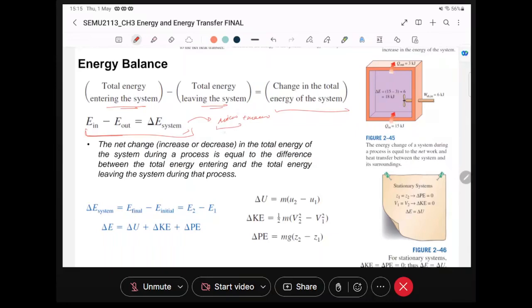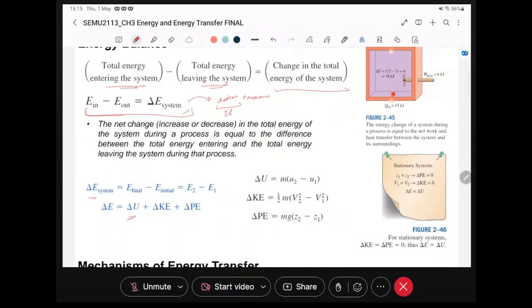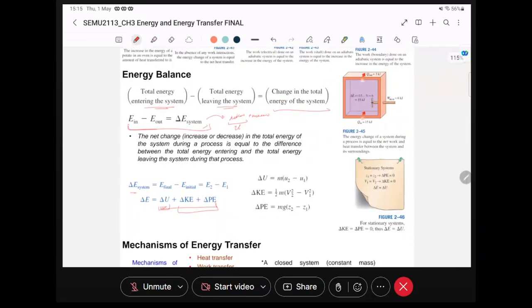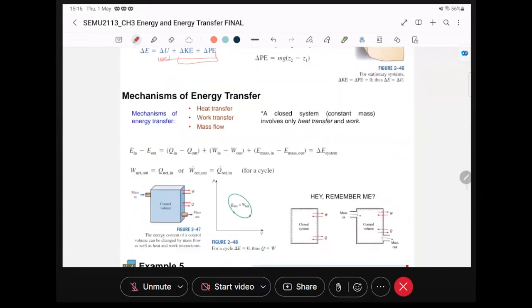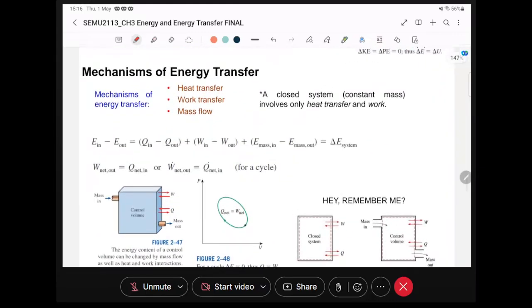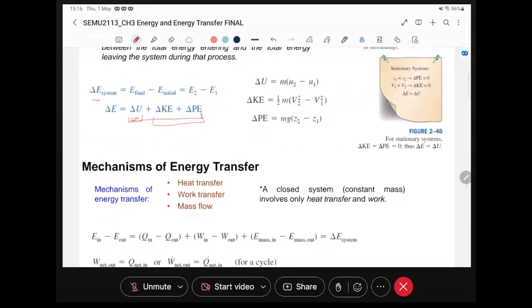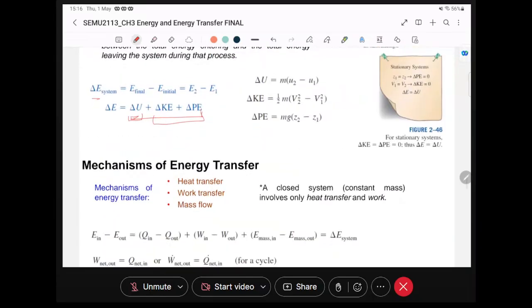And micro energy, we call it the internal energy. So we can also write this as this term. This is the micro, this is the macro. But of course, not all the time does the system have kinetic energy and potential energy.